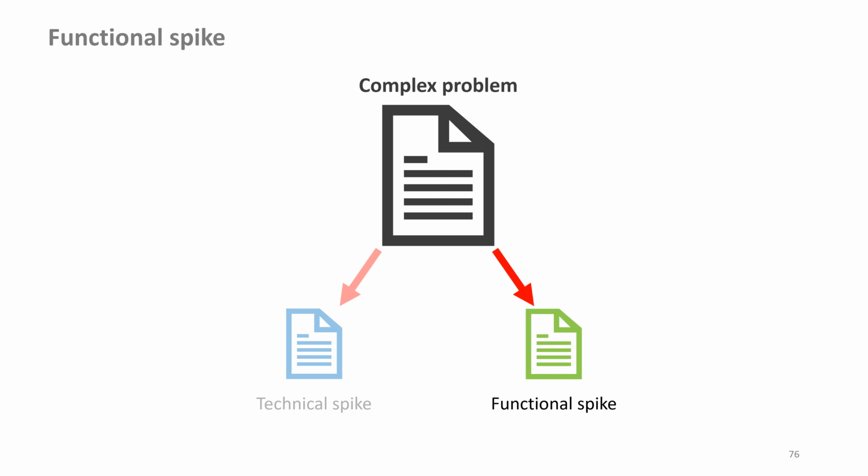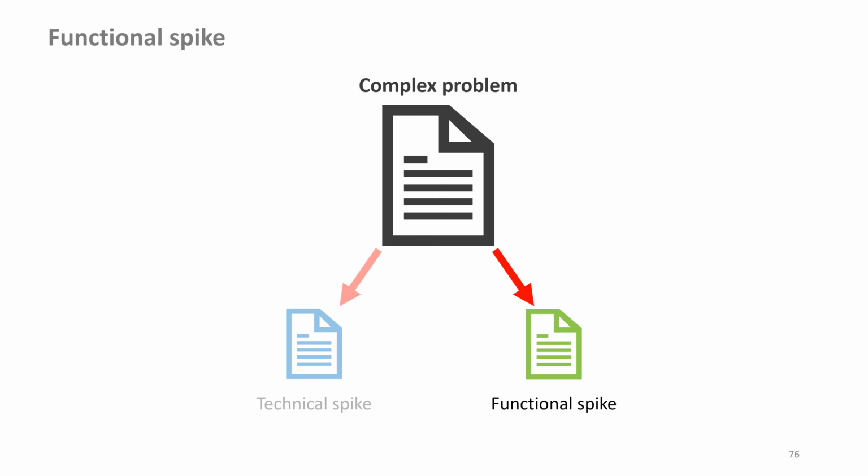A functional spike is used whenever there is significant uncertainty about how a user might interact with the system. It is often evaluated through prototypes, be it user interfaces, mock-ups, wireframes, page flows, or other techniques that are best suited to get feedback from the client or stakeholders.